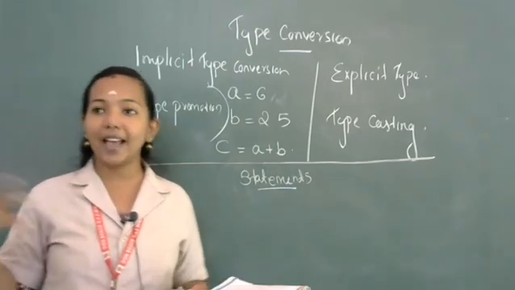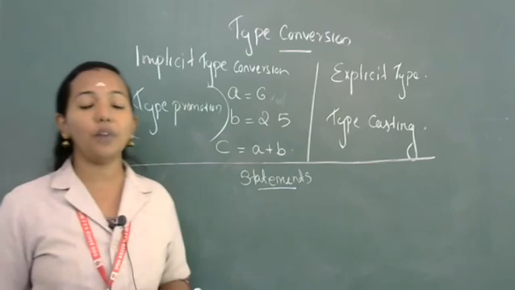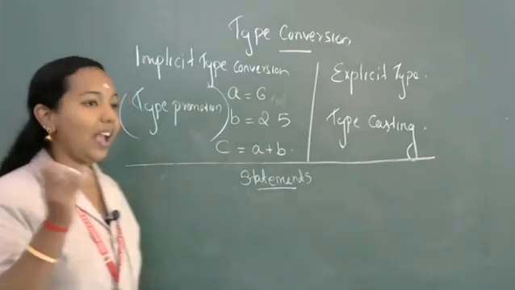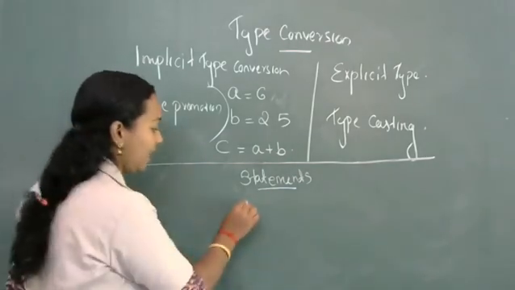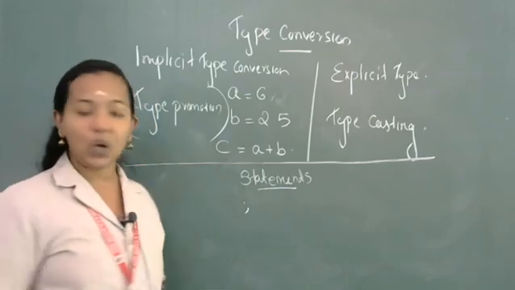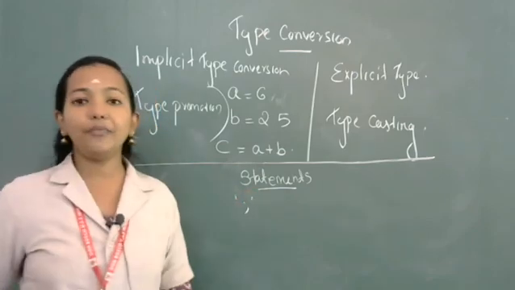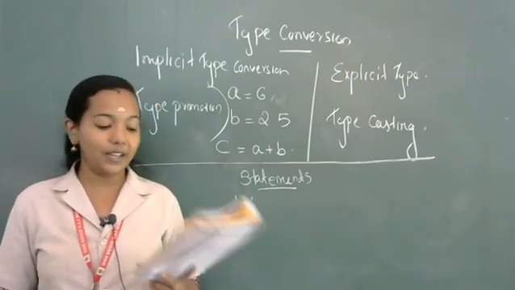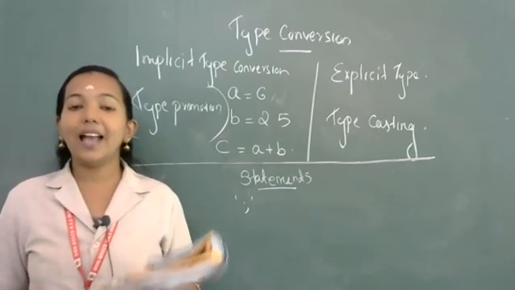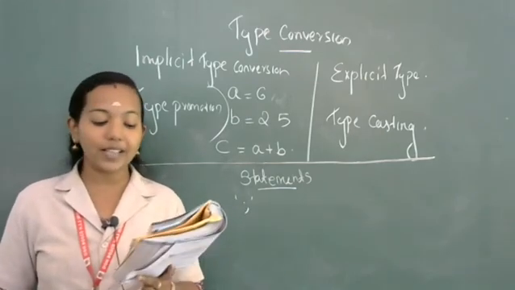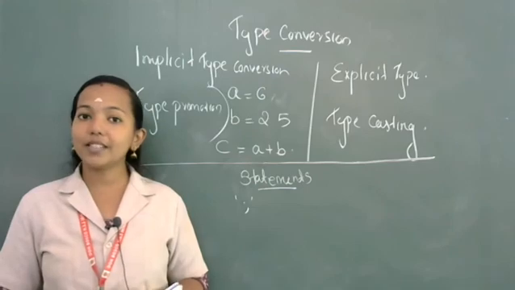C++ has a huge set of statements. Every C++ statement ends with a semicolon, very important. Every C++ statement ends with a semicolon, and the semicolon is also known as the delimiter of a statement.